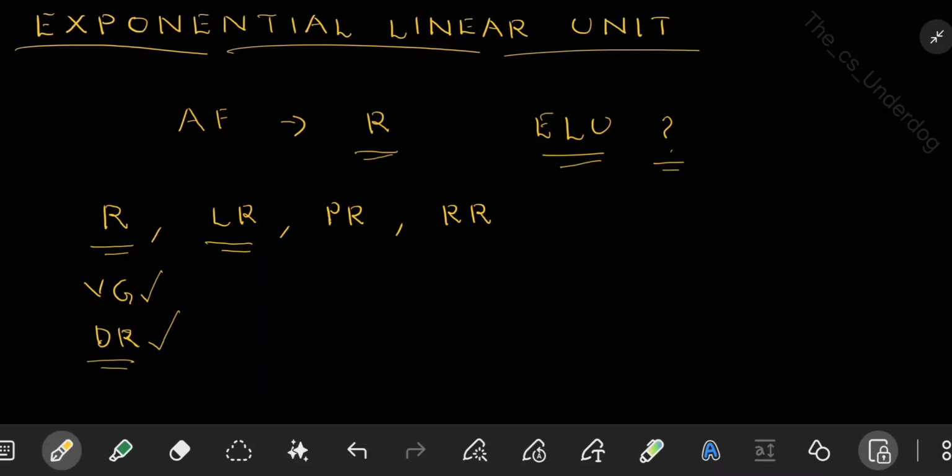But what did it do? It introduced a new problem called the problem with fixed hyperparameter alpha. This is what leaky ReLU did. After that, we went in search of what can be done in order to avoid this problem with hyperparameter alpha. That is when parametric ReLU came to rescue.